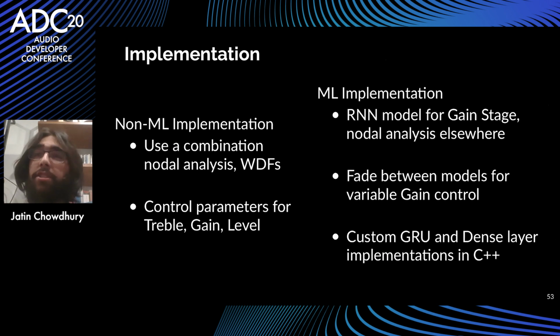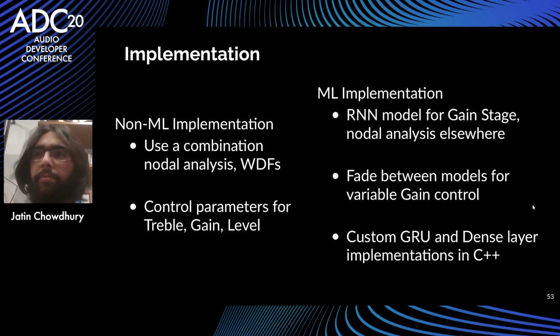So I ended up making 2 implementations. There is one traditional implementation that uses no machine learning. So I use nodal analysis for some of the circuits and wave digital filters for others. And I was able to handle all 3 control parameters just as parameters to these models here. And then I had a separate implementation that used machine learning. So this is the RNN for the gain stage and nodal analysis everywhere else, just because the other circuits really weren't complicated enough that they required something of that caliber.